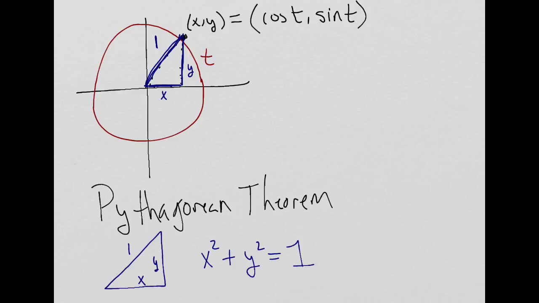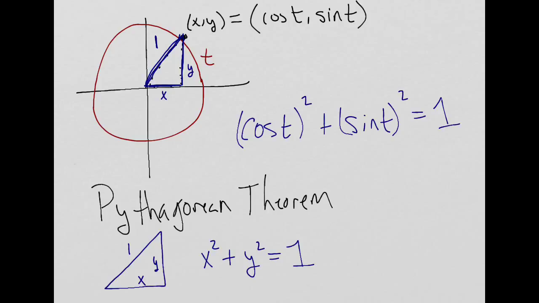And this triangle, this distance x, the length of its base, is going to correspond to the cosine of t, no matter what t happens to be. And the height is going to correspond to this value for y, which is the sine of t. So I'm left with the identity: the cosine of t squared plus the sine of t squared equals 1.